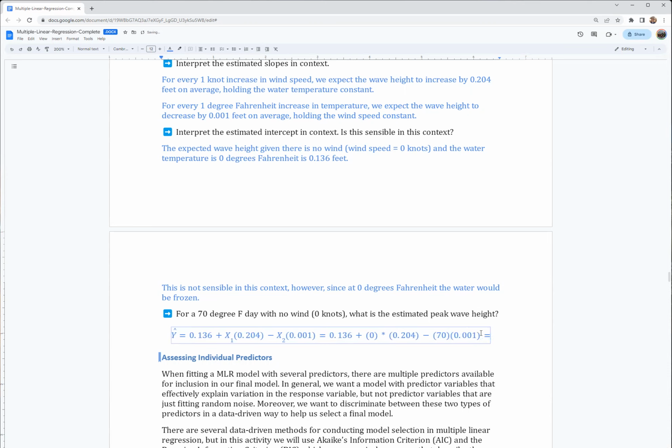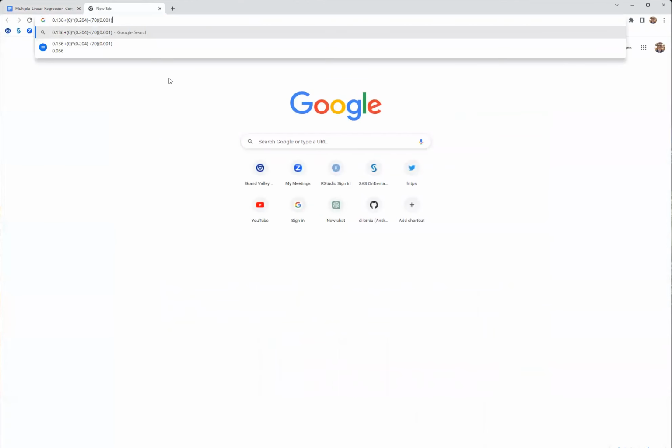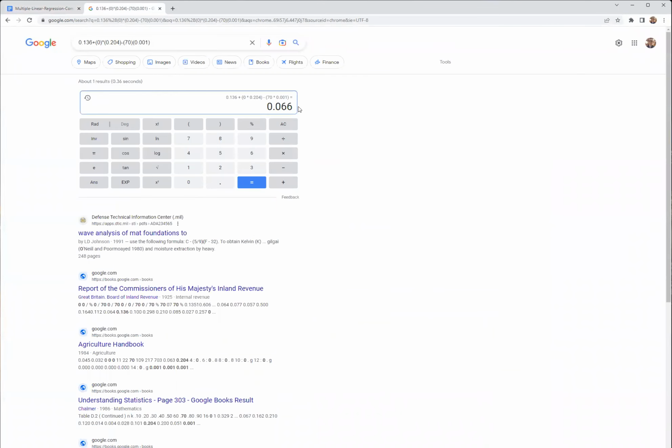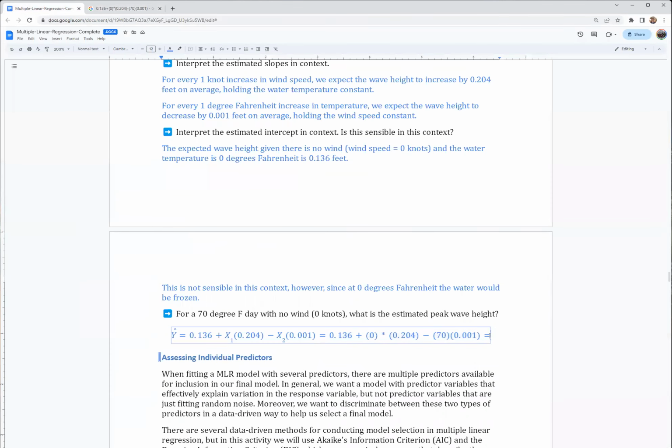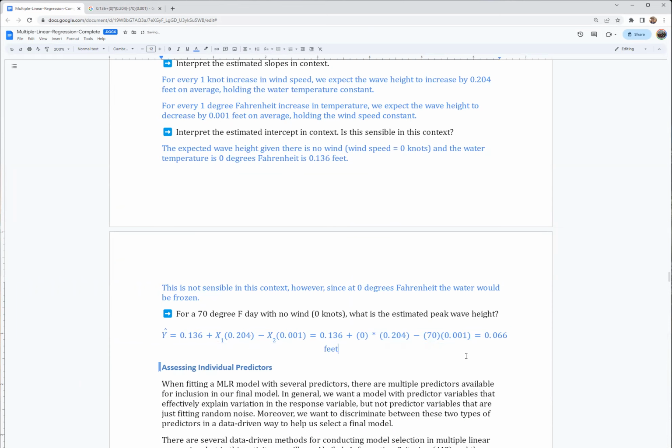Then we can use Google for what it was intended for. It's a calculator. And then we get that many, and we want to add the units of measurement on there.